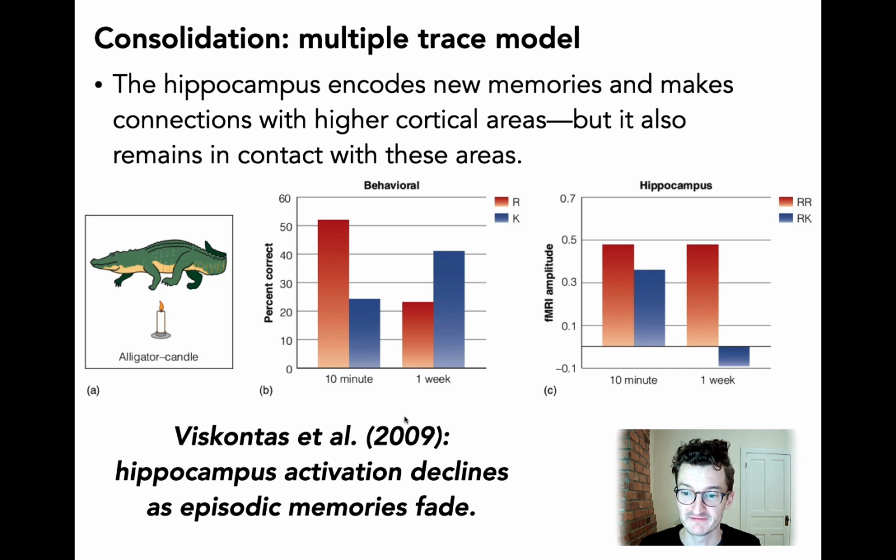So you might remember the facts of a situation or an event, but you don't remember where you were when the event was occurring. And so we think this change in memory reflects systems consolidation, reflects memories becoming hippocampal independent.